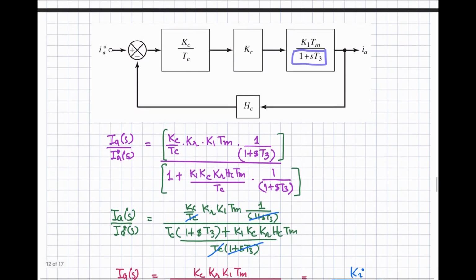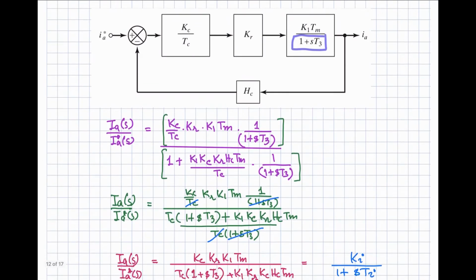Okay, so now the closed loop transfer function of this loop can be represented like this. So here we can write it as G over 1 plus GH. This is the forward transfer function, and over here you can see the product of this G with the Hc.